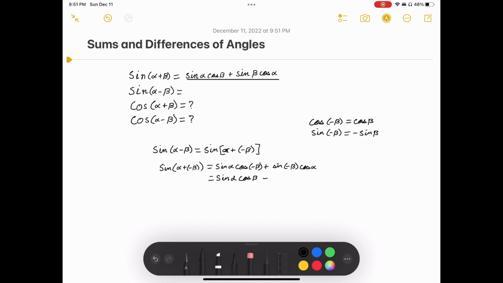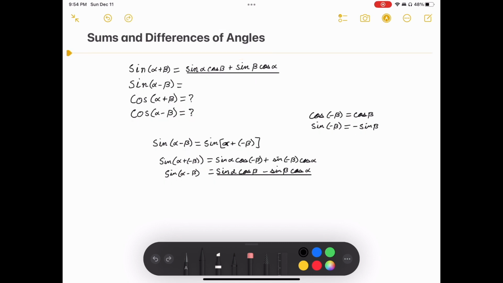Now, evaluating for this, we're going to have to use some other trigonometric identities, which you should already know. So sine of alpha simply stays as sine of alpha. Now, cosine of negative beta is simply equal to cosine of beta, so that doesn't change. Sine, on the other hand, if we are looking for sine of negative beta, that turns into negative sine of beta.